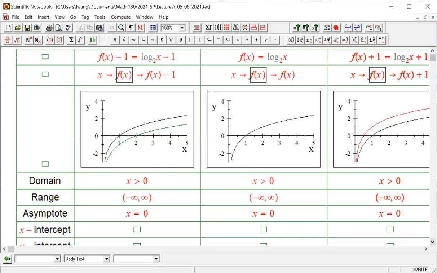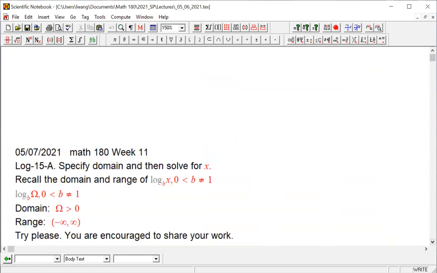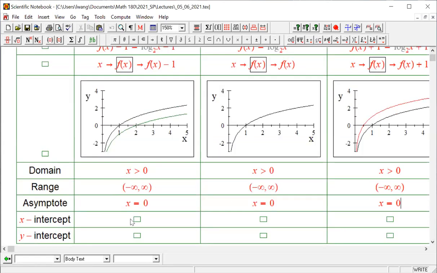Now, x intercept. What is the x intercept? The x intercept of log base 2 of x, we know that's (1, 0), right?